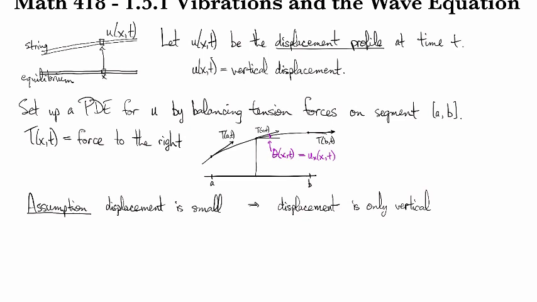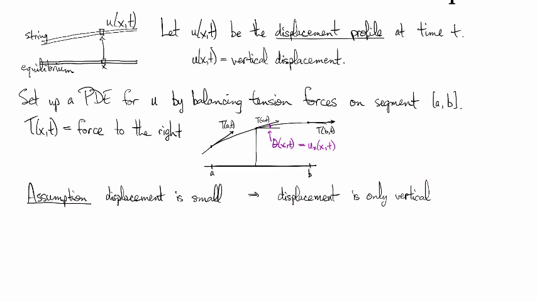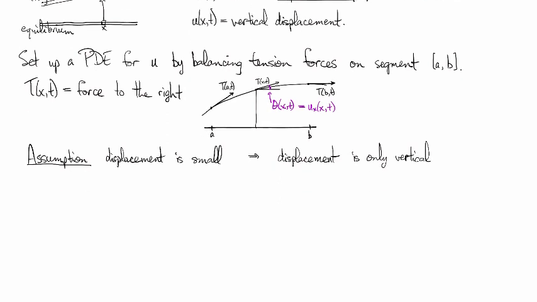So to give you an idea of what we are ruling out, you can imagine some situation where the string is, say, really displaced strongly, something like this. And then if you look at what happens to a particular little particle of it, well, it might get displaced straight up, or it might get displaced over to the side a bit, and that amount could vary depending on how far it is to the right.